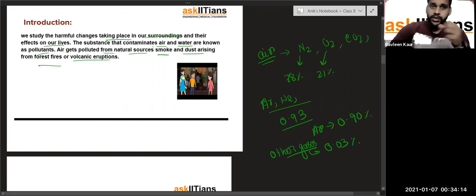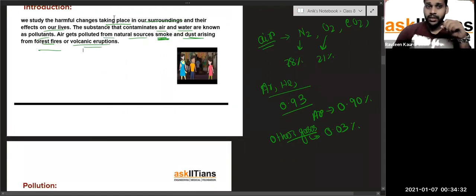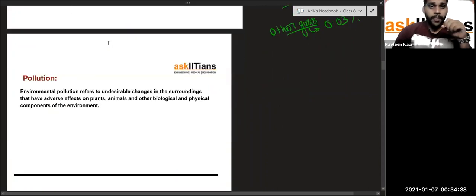It can be smoke, which is caused by us, or dust, which is also caused by us, or these two can also be caused by natural disasters like forest fires and volcanic eruptions. I think you have heard about the recent forest fires, like in 2019, the Amazon fire, right?